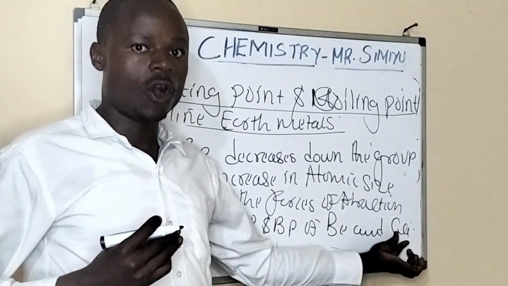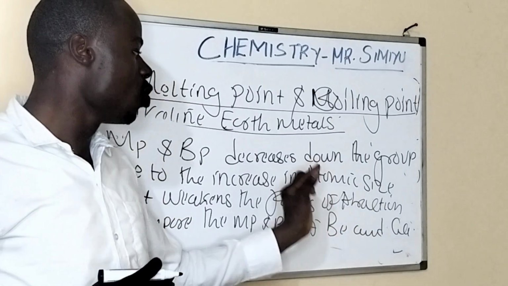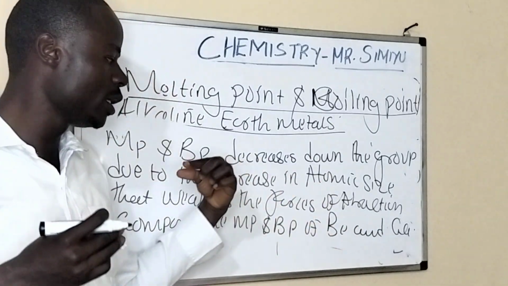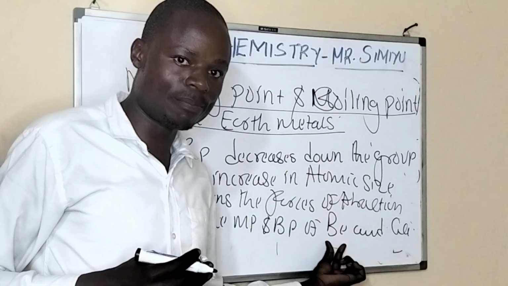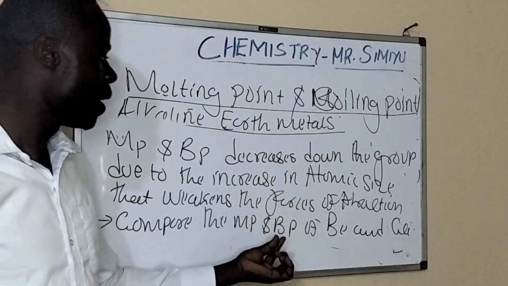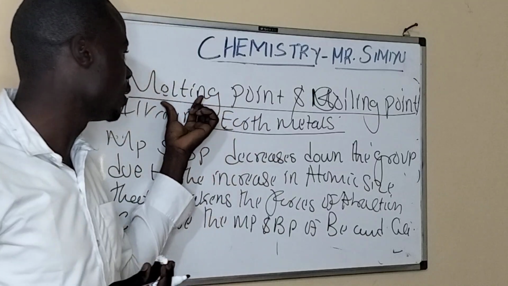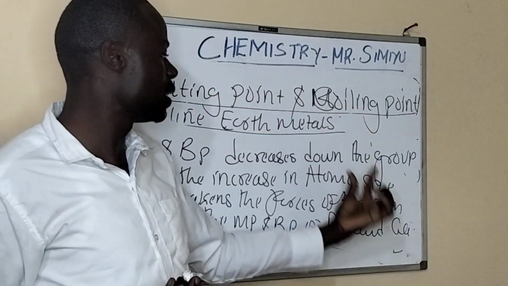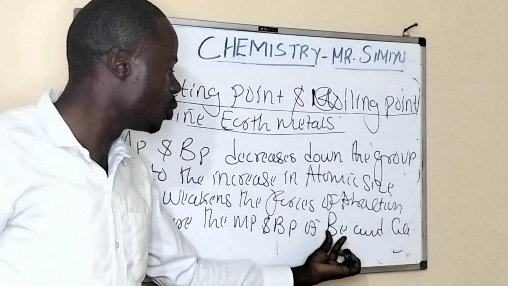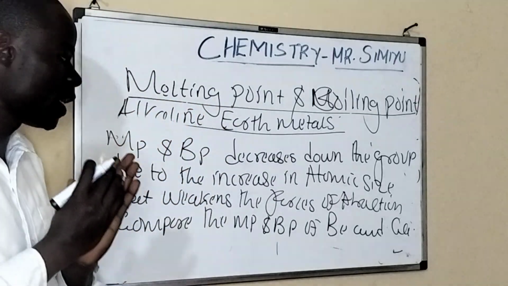Then you give out the reason: this is because beryllium has a smaller atomic size that strengthens the forces of attraction.